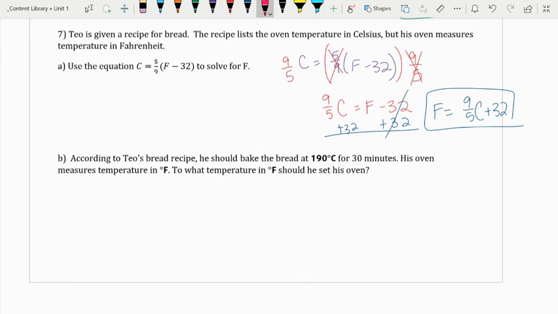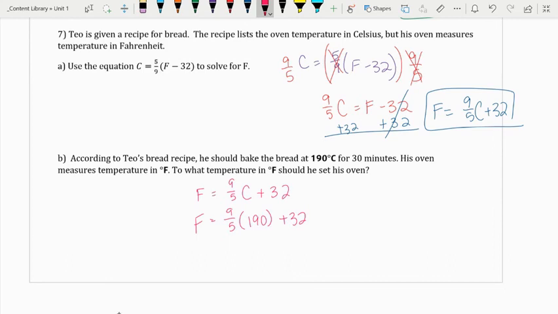According to Tio's bread recipe, you should bake the bread at 190 degrees Celsius for 30 minutes. His oven temperature is in Fahrenheit. To what temperature in degrees Fahrenheit should he set his oven? So if we know F equals 9 over 5C plus 32, I can plug in C, which is 190, to solve for F. I'm going to take 190 and divide by 5 and then multiply by 9.